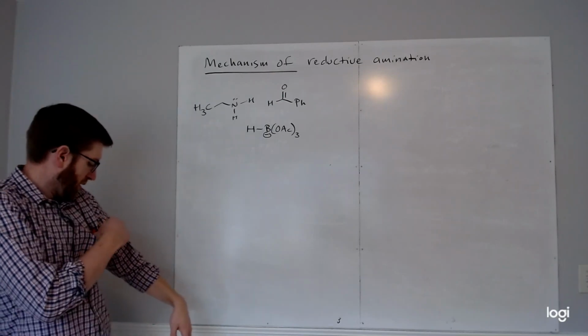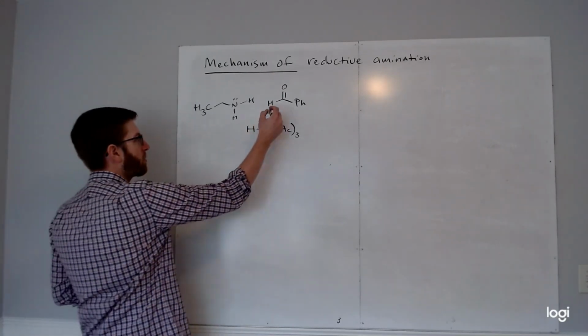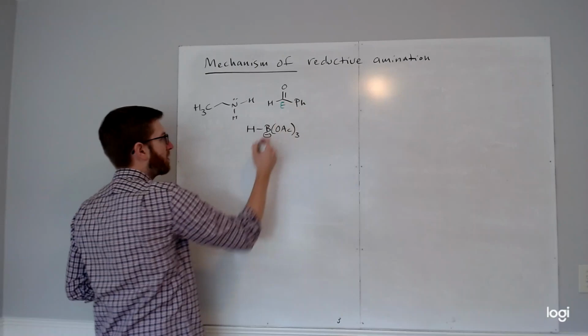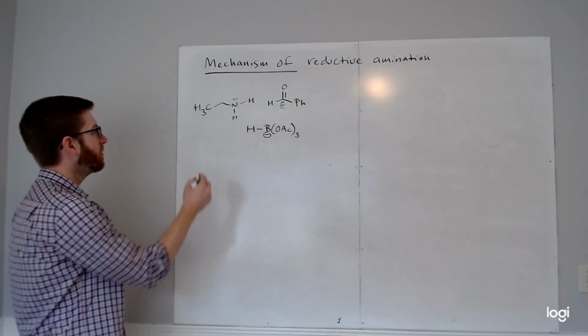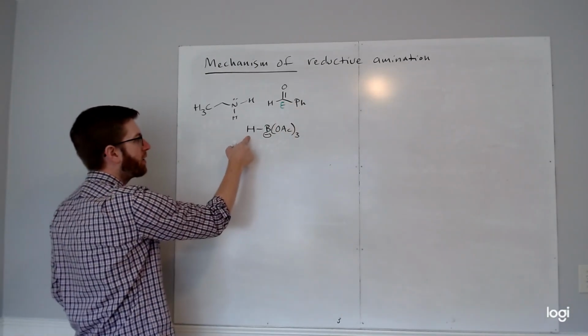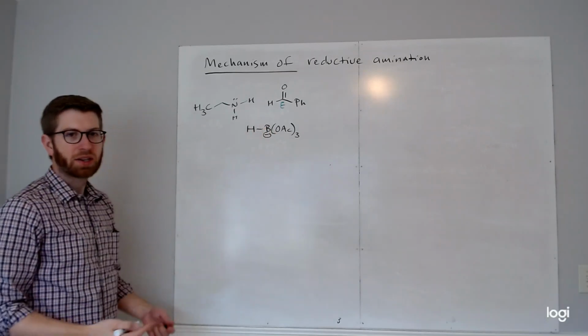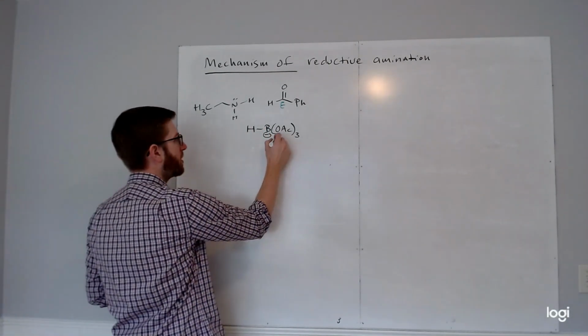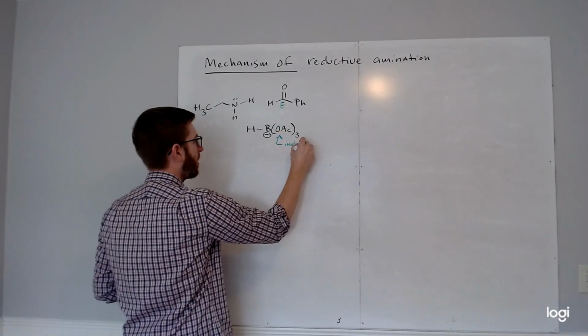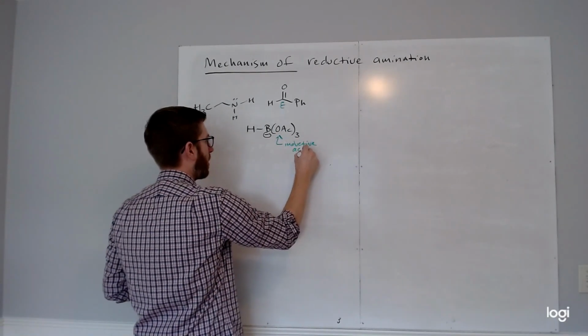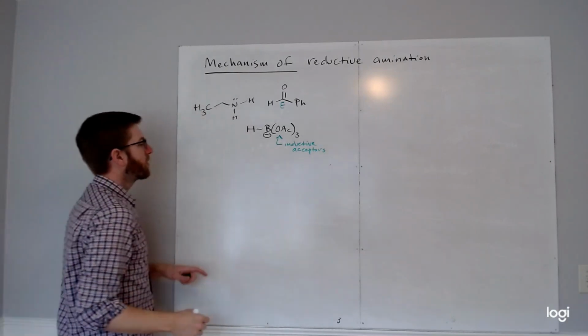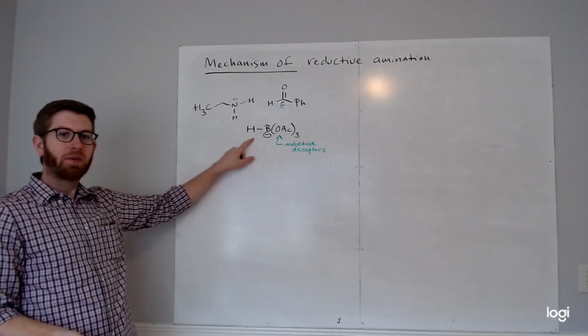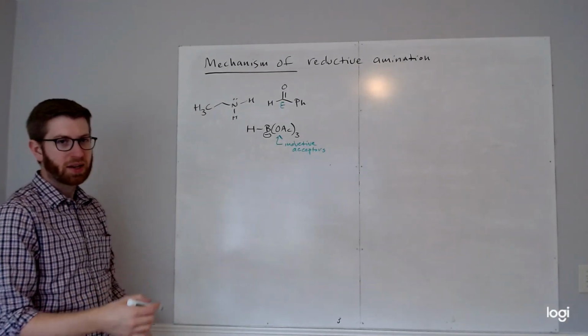So we know from the entire semester that the carbonyl carbon here is going to be my electrophilic center. And now I've got 2 different nucleophiles, the amine and the BH bond, the electrons within that bond. Because of the acetoxy groups, which are good inductive acceptors, we're going to make this hydrogen less nucleophilic, which we talked about in the last section of the video.